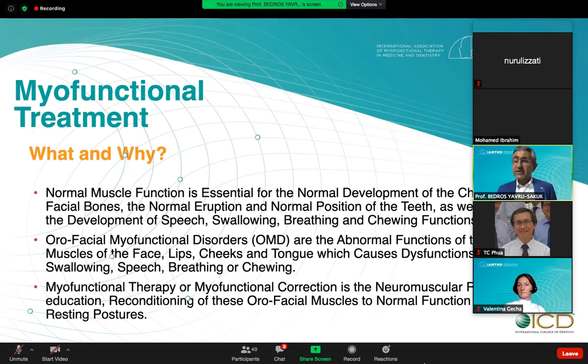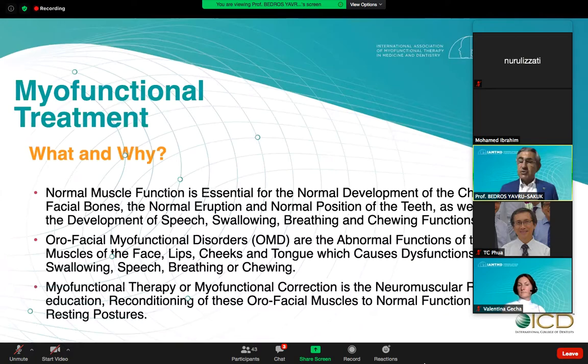For most of us as dentists, usually we concentrate on the treatment of the teeth, extracting or replacing them, or moving the teeth with orthodontic treatment. By doing that, very often we overlook the neuromuscular dysfunctions of the patient.